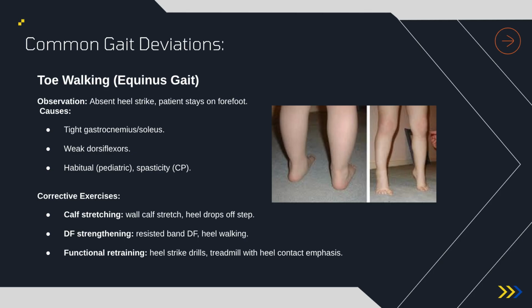And then some patients may need orthotics or serial casting if indicated. Toe walking is usually an ankle problem, but it also shows up at the knee.